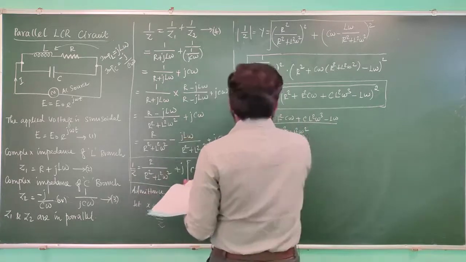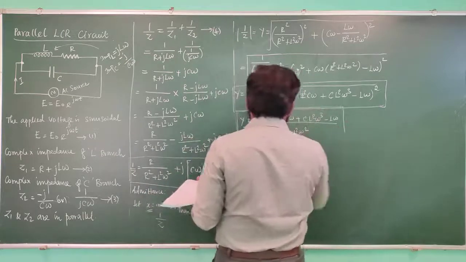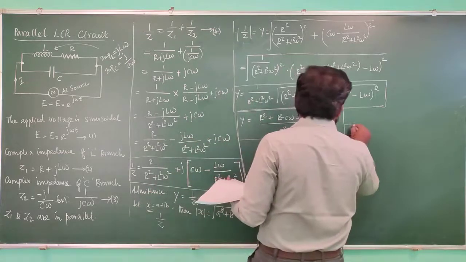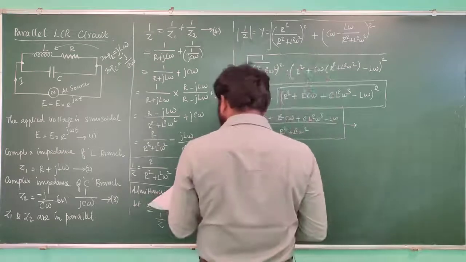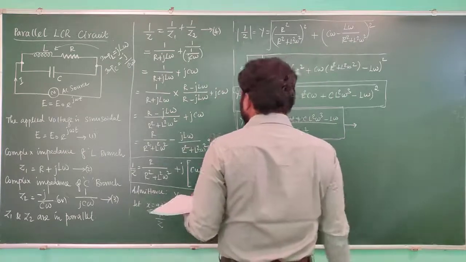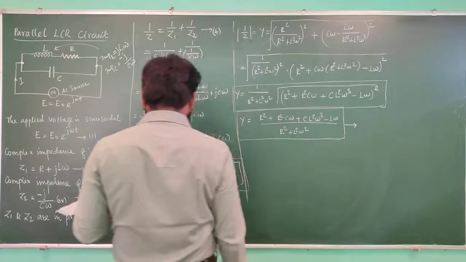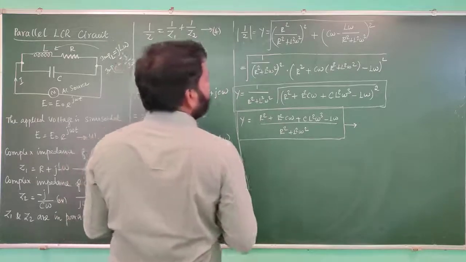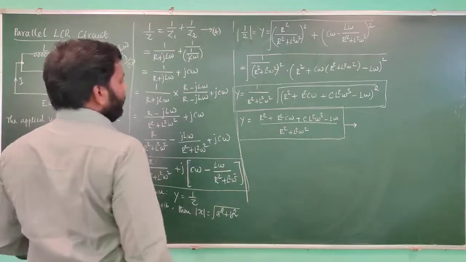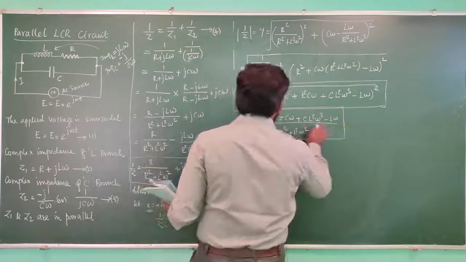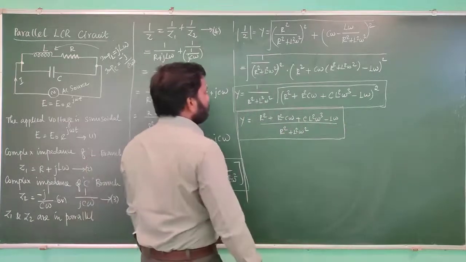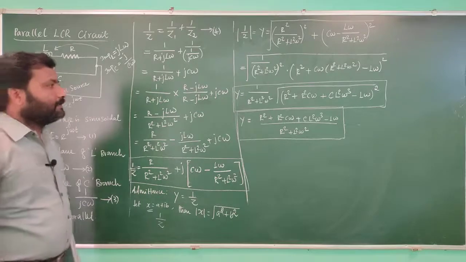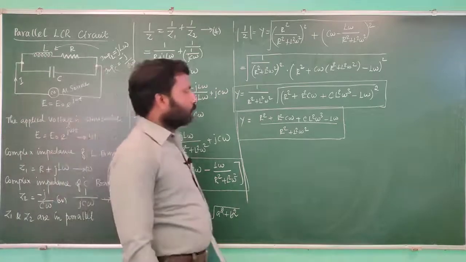So this is the simplified version for admittance. This you can write. This is equation number 4. Let it be Y equal to R square plus R square C omega plus C L square omega cube minus L omega by R square plus L square omega square.